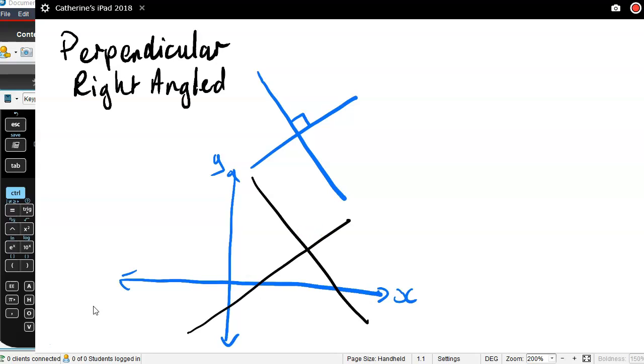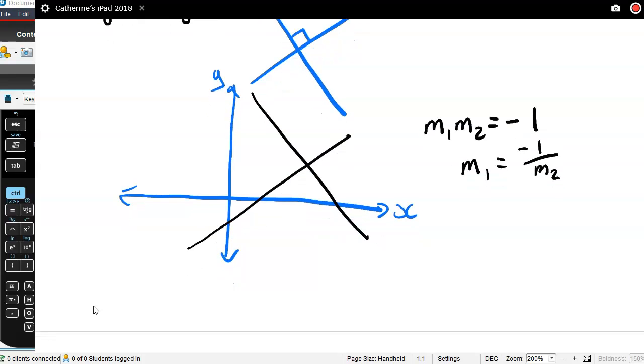And because they're at right angles to each other, this is how we get our special relationship between two lines that are perpendicular to each other. And that is when you times the slopes together, when you times the gradients together, you get -1. Another way of writing that is that one gradient is equal to the negative reciprocal of the other.